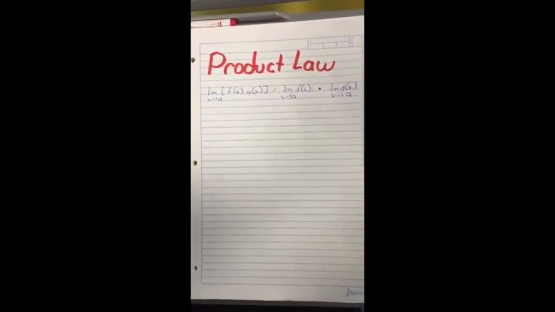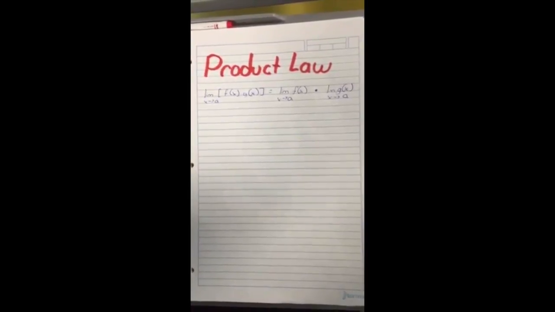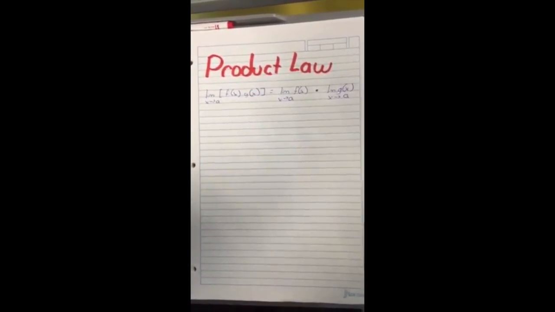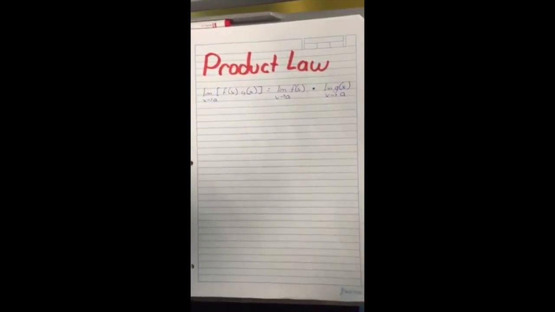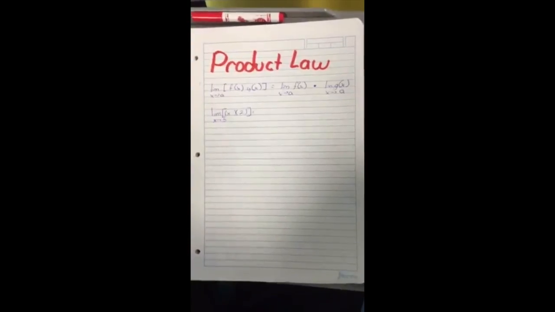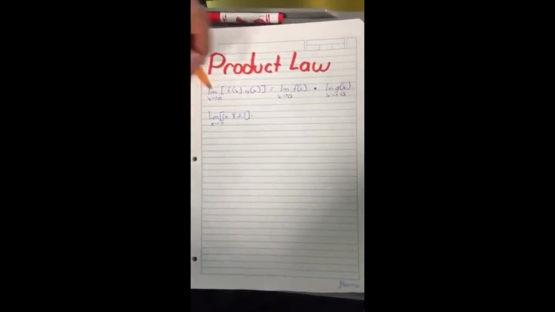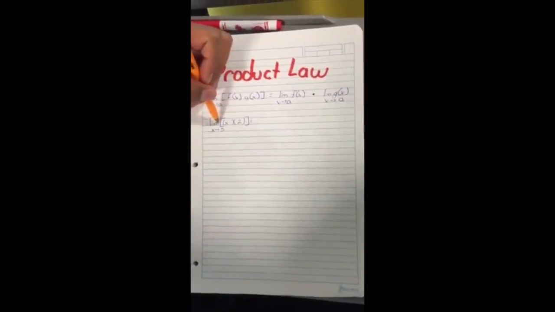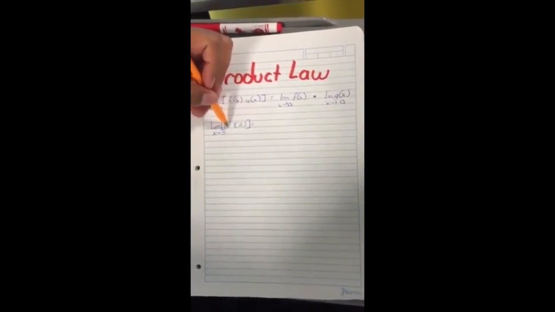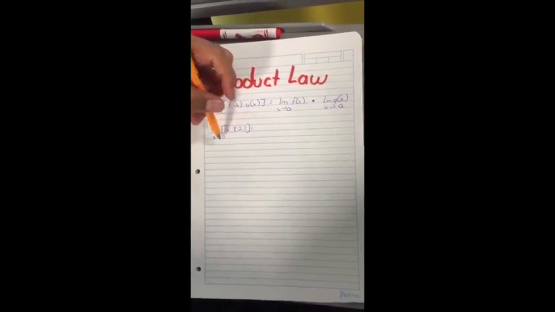The product law basically states that if you are taking the limit of the product of two functions, then it is equal to the product of the limits of those two functions. The limit of a product is the product of the limits. So we have the limit of x times 2 when x is approaching 5.